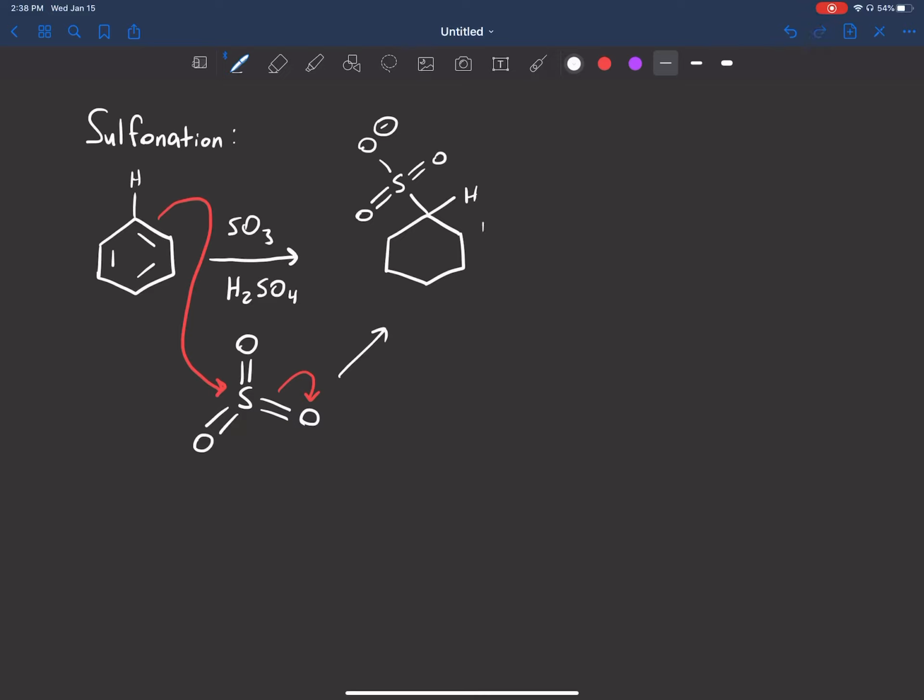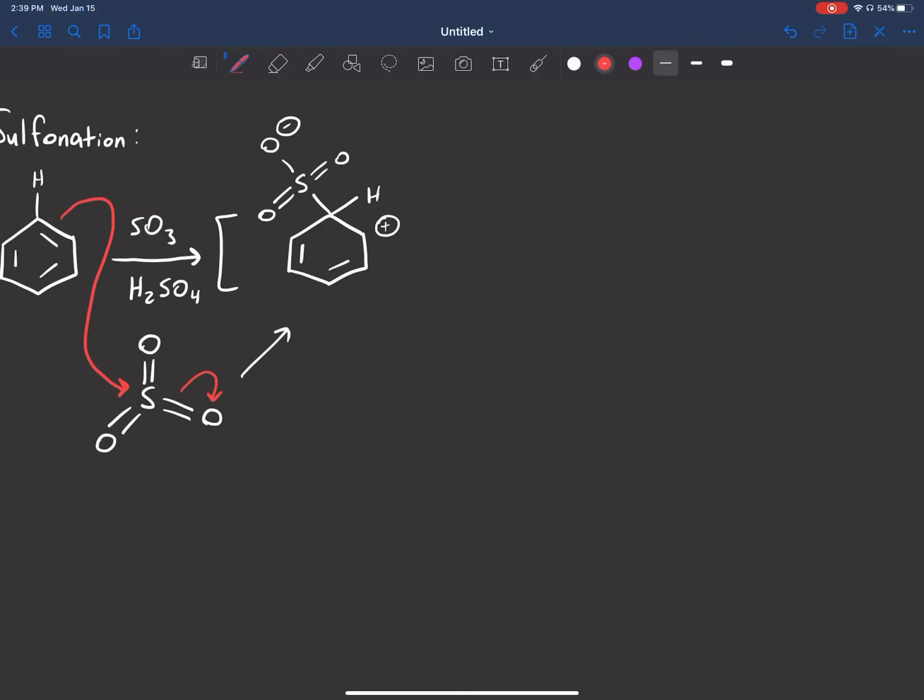There we go. Now remember, we used up this double bond, so that doesn't exist anymore, and what's going to be left there is a positive charge. The other 2 double bonds were fine; they stayed where they were. And now we have this complex again. I can resonate this double bond and move this positive charge here.